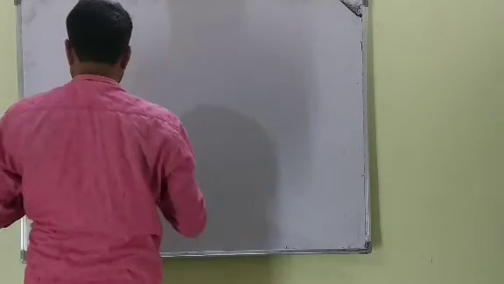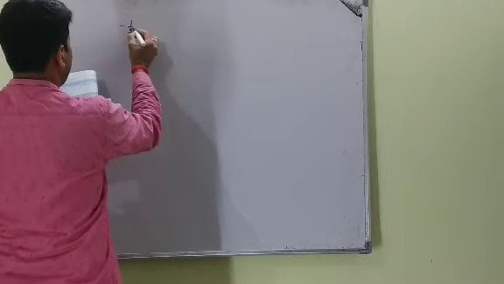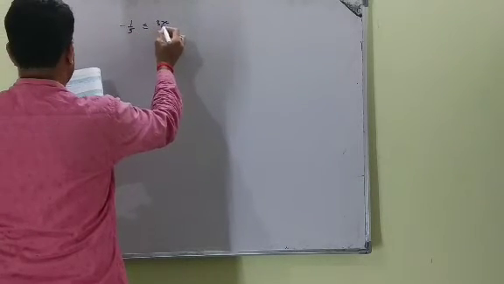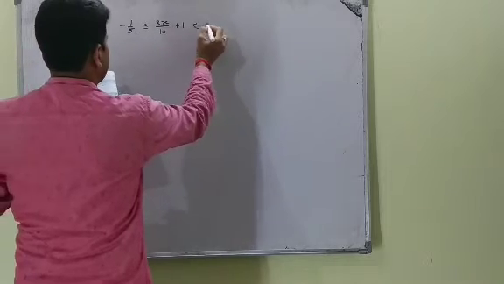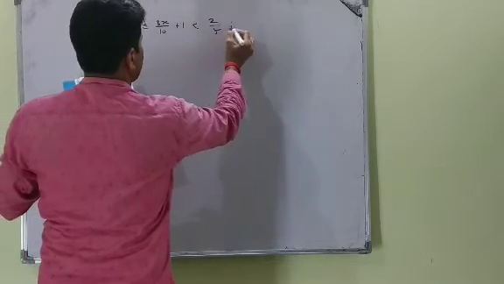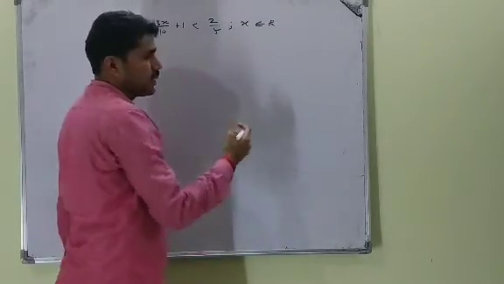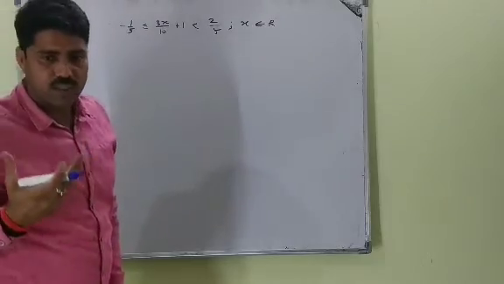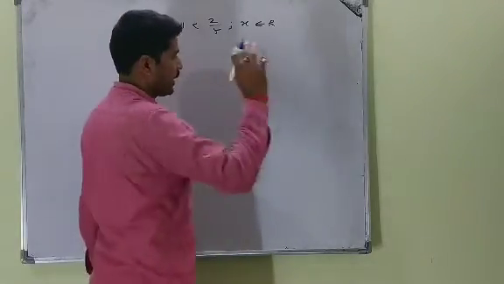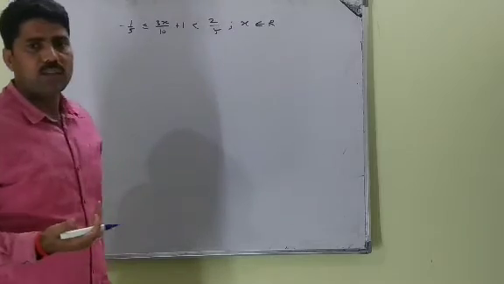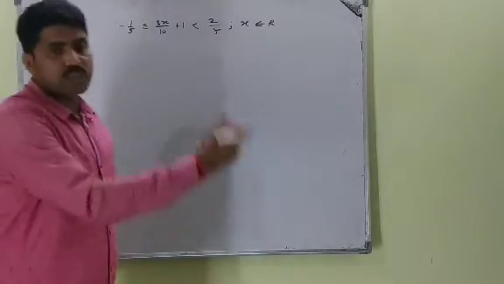One question I am taking, for example, suppose minus 1.5 less than 3x upon 10 plus 1 less than 2 upon 5, x belongs to R. And one thing I am telling you, before solving this question, plot the solution on the real number line, or graph the solution.